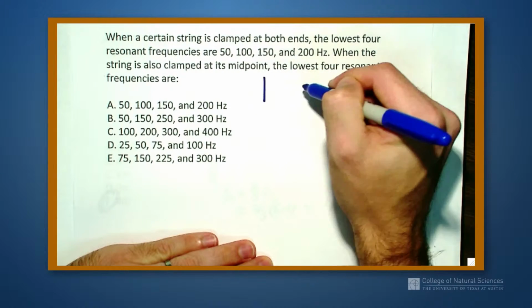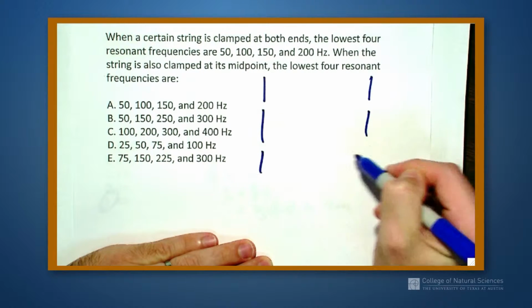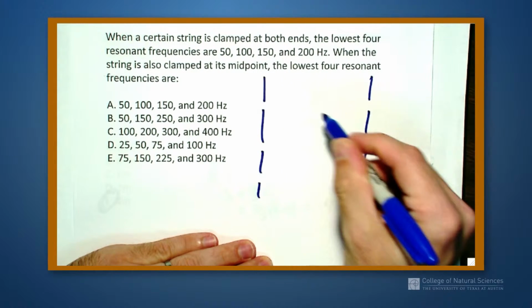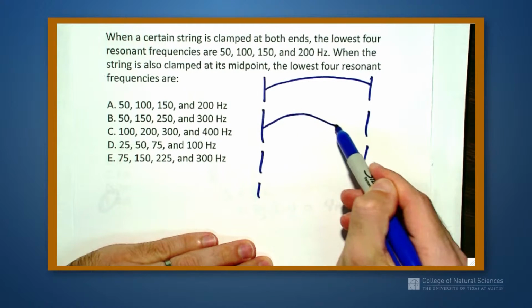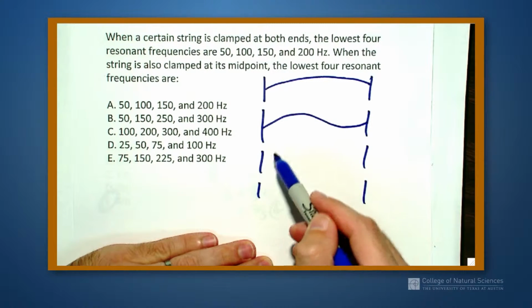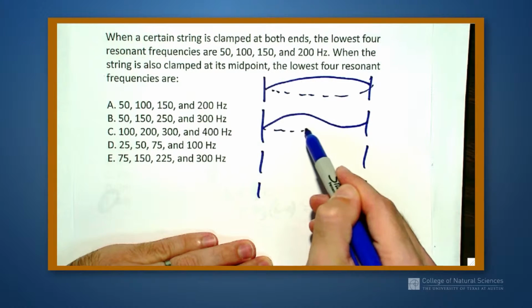Well, let's draw this out. So if I have a length, my four lowest ones, I'm going to have the string look like this. I should draw the second one just so we can see what the pattern looks like.